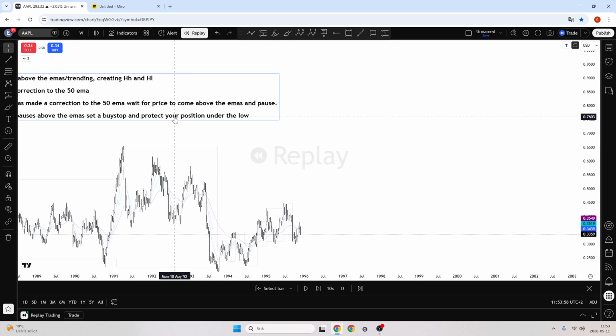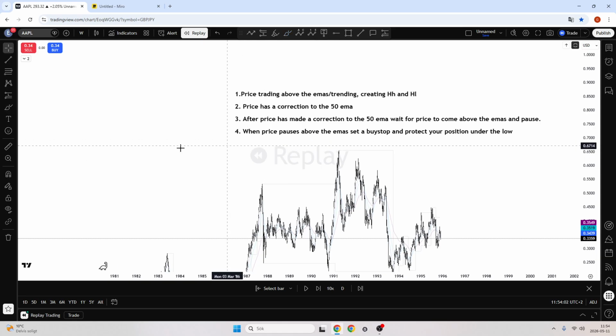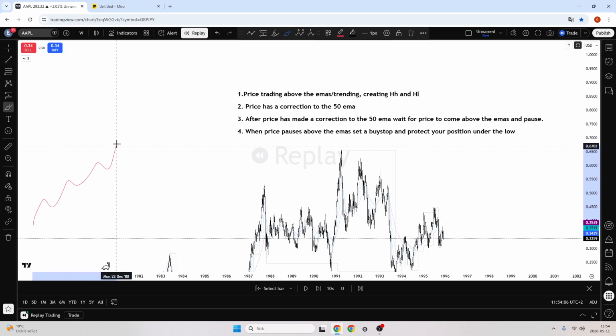So I'm gonna go through a little bit quick here what I mean by this. Price trading above the EMA is trending, creating higher highs and higher lows. This is the EMA, and this maybe is the 50. Price has a correction to the 50 EMA, just like that. After price has made a correction to the 50 EMA, wait for price to come above the EMAs and pass.